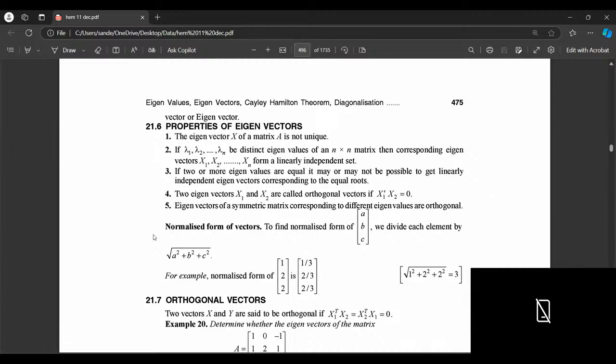It means we get 3 roots there, and those 3 roots are nothing but eigenvalues. We also call them characteristic roots, proper values, and latent roots. We already saw some examples yesterday.